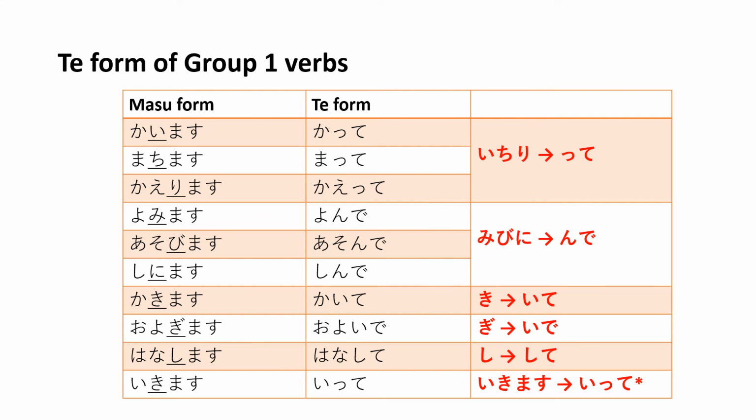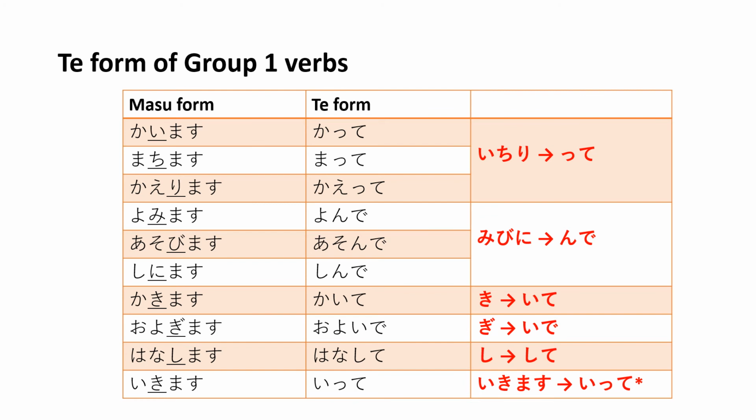Third group, 書きます. Hiragana ki before mas becomes ite. So 書きます becomes 書いて. And the next group, 泳ぎます, becomes 泳いで. So ぎ will be replaced with いで in te form.